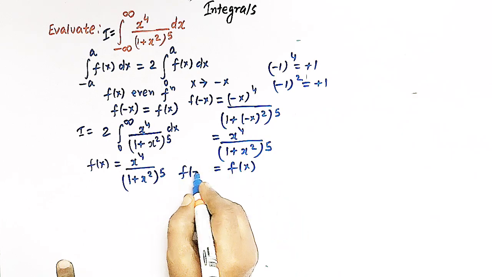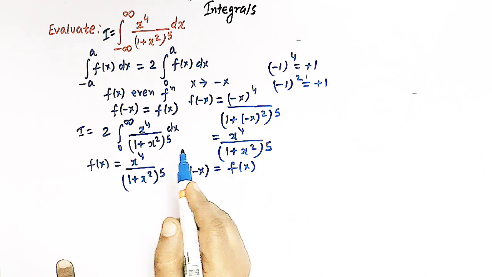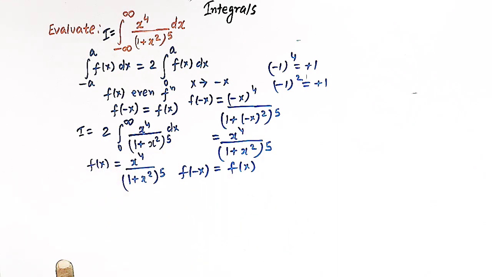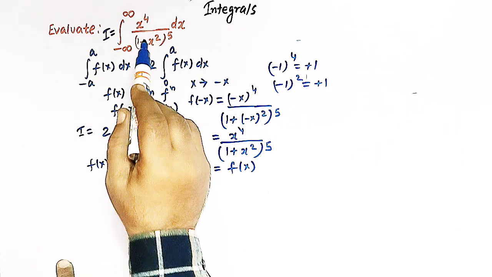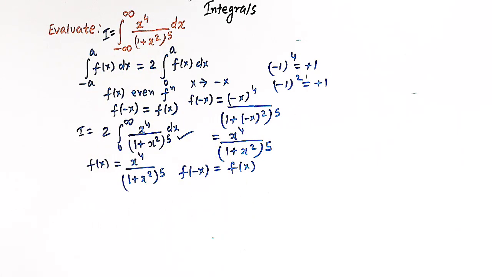So f of minus x is equal to f of x, which suggests that the integrand is an even function. The first step is to write this integral in this form.